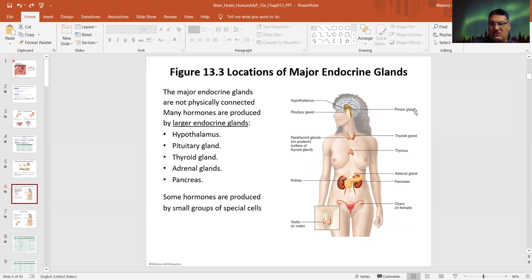So you have the pineal gland, we'll talk about it, thyroid, parathyroid, you have the thymus, the adrenal gland, including the cortex and the medulla, you have the pancreas, you have the ovaries, the testes in males, and so on. The big ones after the hypothalamus and pituitary are thyroid, adrenal, and pancreas, but we are going to talk about every single endocrine gland.